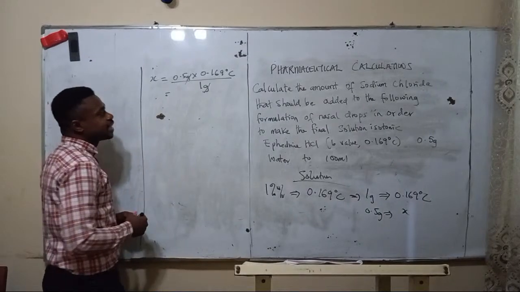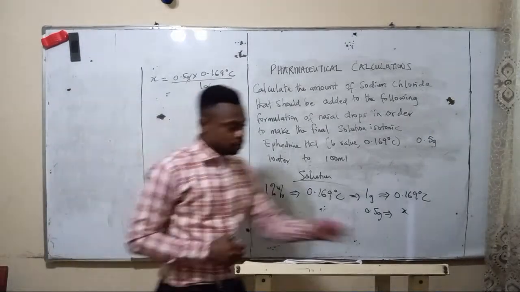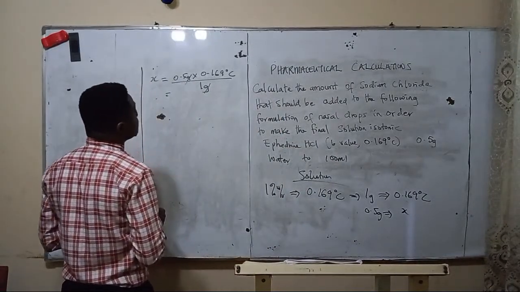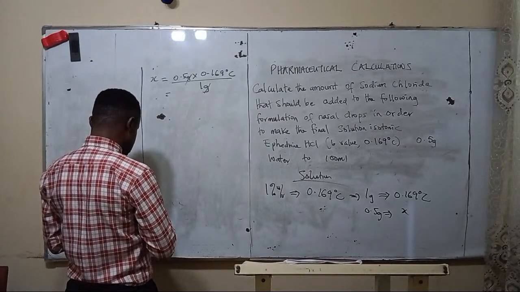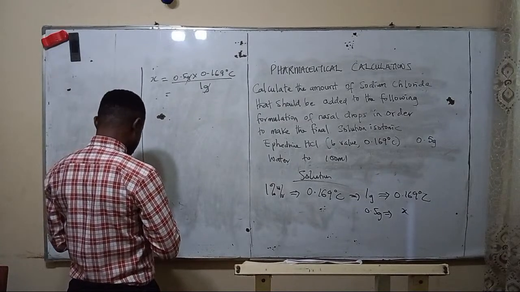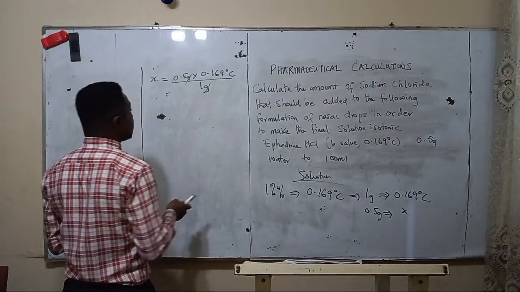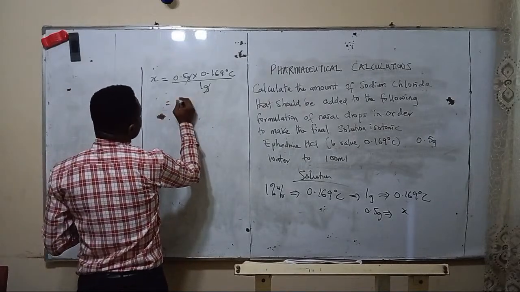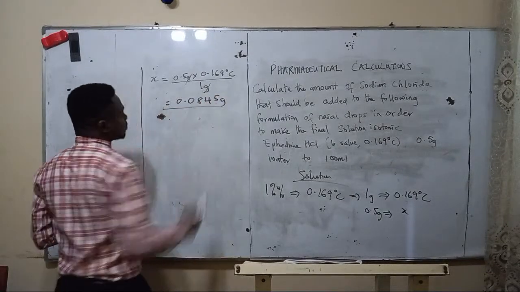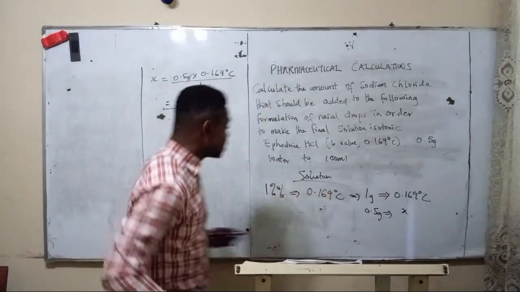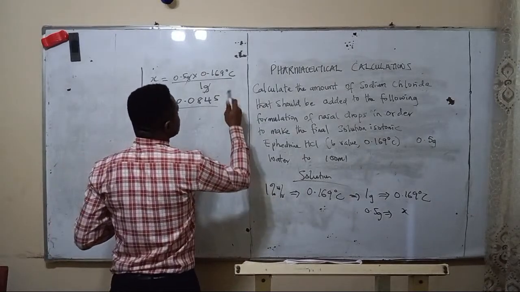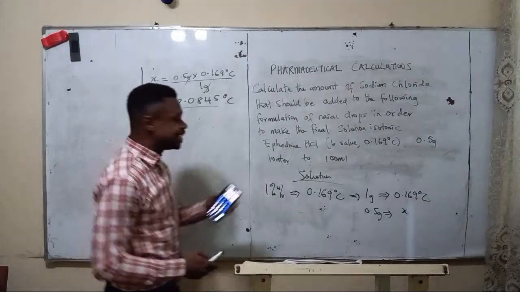Half of this is 0.0845. So it is 0.0845, not grams, sorry, degrees Celsius.